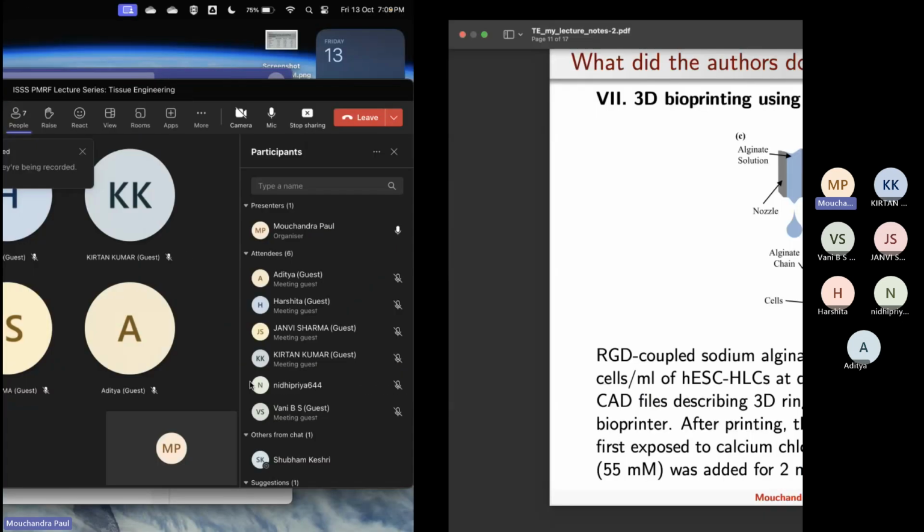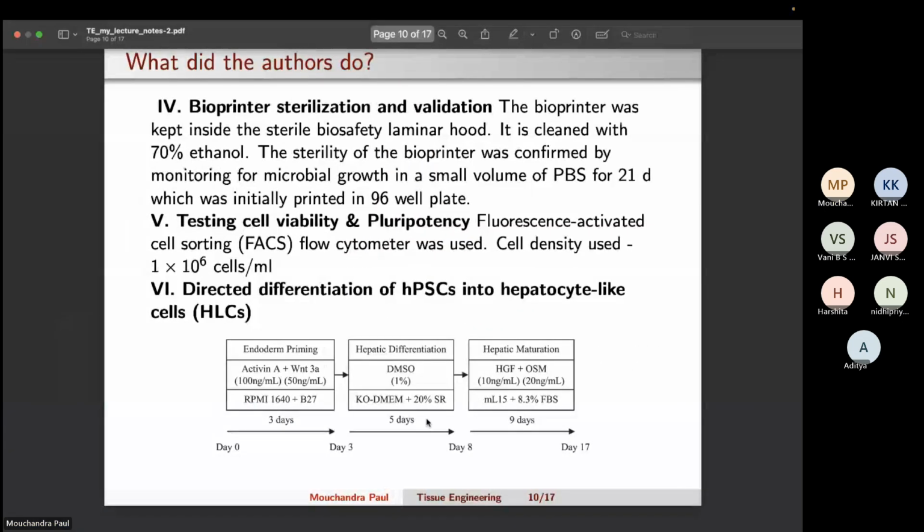And they have used hepatocyte-like cells, which are at day 6. So after day 6, it will be kind of here when it was undergoing hepatic differentiation. So in between this process, they have used these cells. They have not allowed it to complete till day 17.